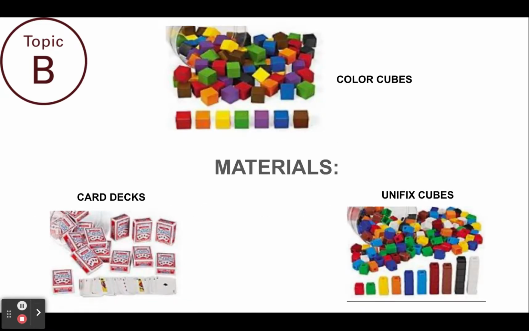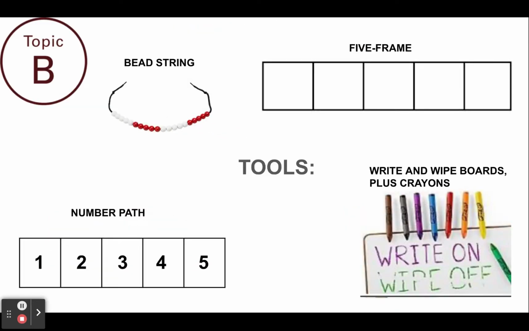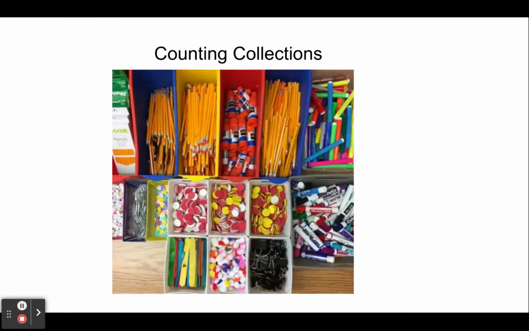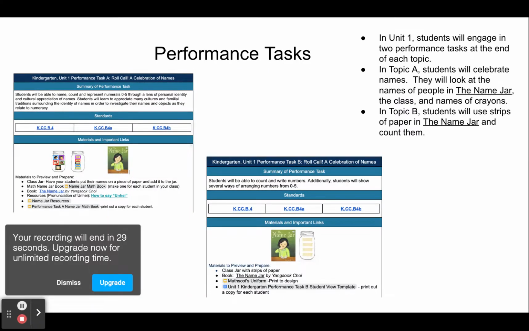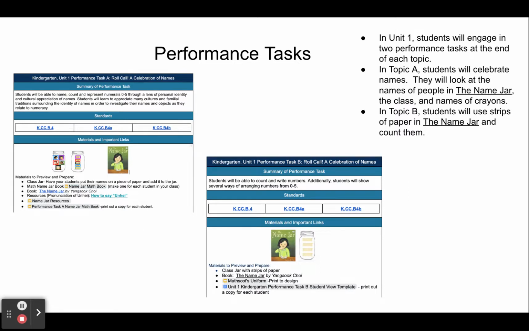Again, lots of materials that you'll have, including card decks, color cubes, and Unifix cubes, and the same tools that we were using before, including, very importantly, the bead string. You're going to want to count collections with students because counting is fundamental. And you're going to see a performance task that allows students to use the name jar to continue to think about numbers and letters in a name.